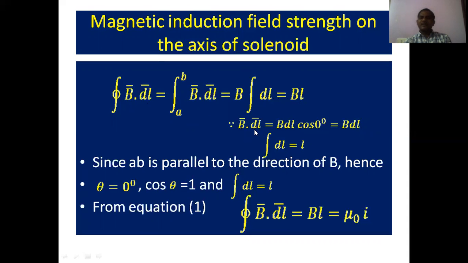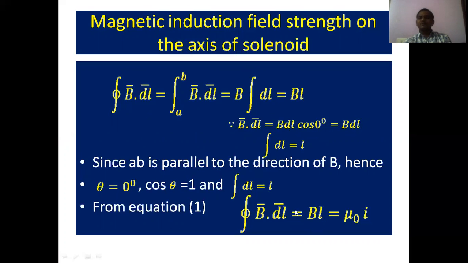So that is written here. B bar dot dl bar equals B dl cos 0, which equals B dl, and the integral of dl equals L. These are substituted in the above expression. Since AB is parallel to the direction of B, theta equals 0, cos theta equals 1, and the integral of dl equals L, then the closed integral of B bar dot dl bar equals BL.